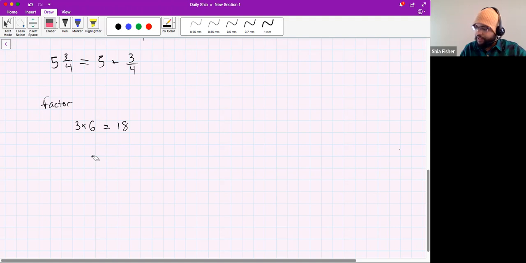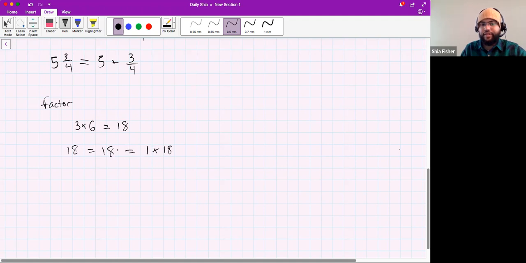Well, a factor is really the result of multiplication, right? Let me put it this way. There are other ways to get 18 that we are aware of. For example, 18 one time equals 18, which is the same as saying 1 times 18.